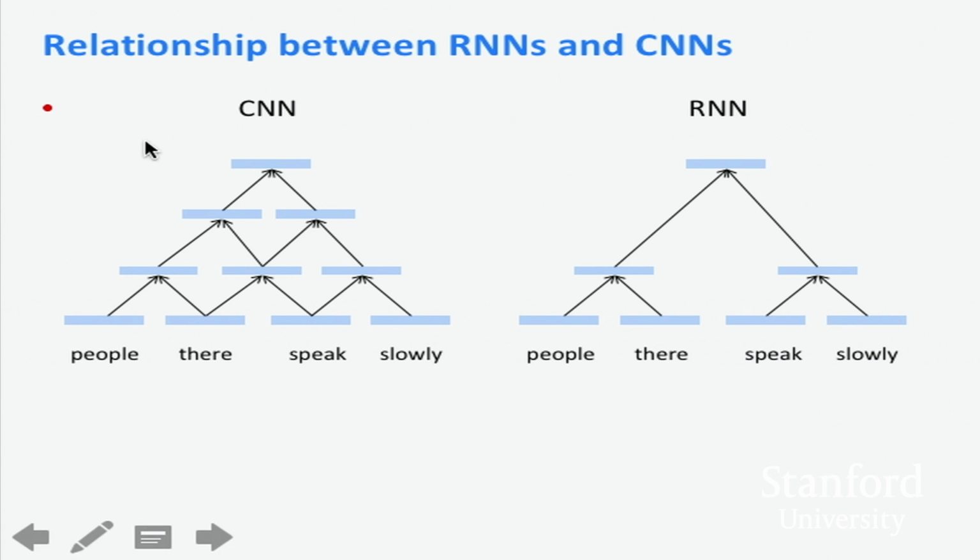So for the convolutional neural network, you have a representation for every bigram, so you have a representation for "there speak" and a trigram, "there speak slowly", whereas for the recursive neural network, you only have representations for the semantically meaningful phrases like "people there" and "speak slowly" going together to give a representation for the whole sentence.